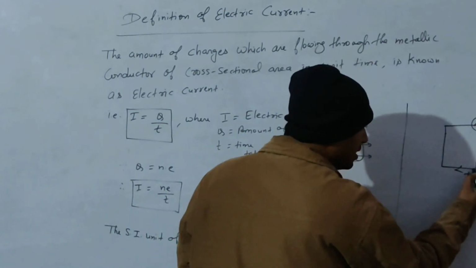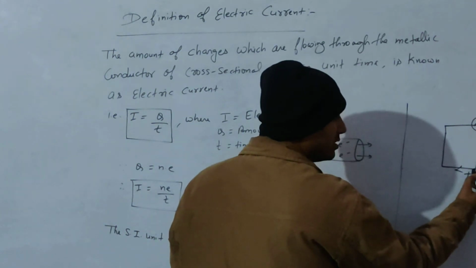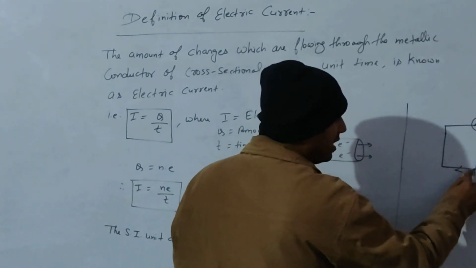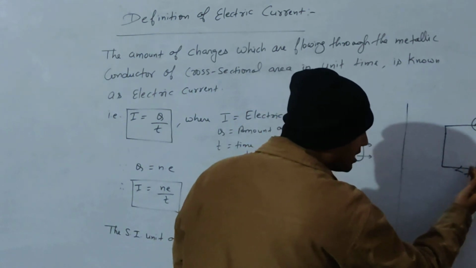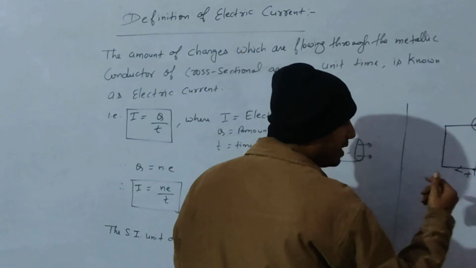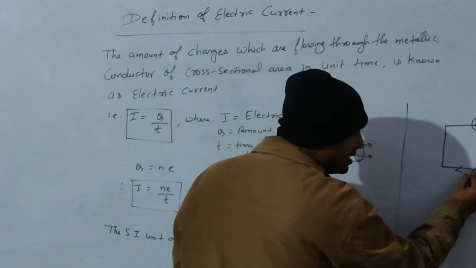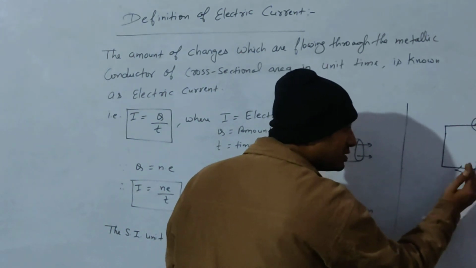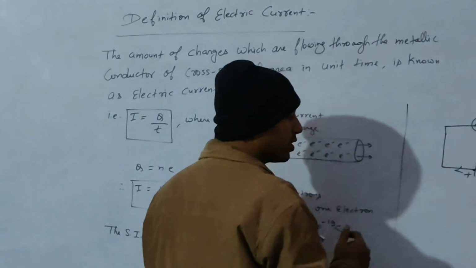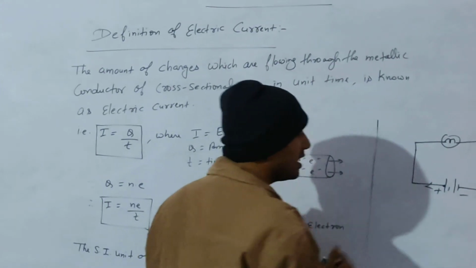Many electrons are crowded here. If the electrons drift from this position toward the negative terminal of the battery, then a positive charge remains. Once the electrons are shifted from this end to this end, a positive charge remains.